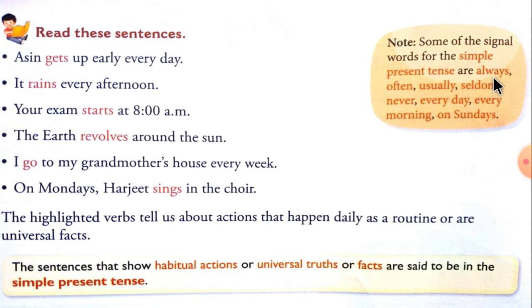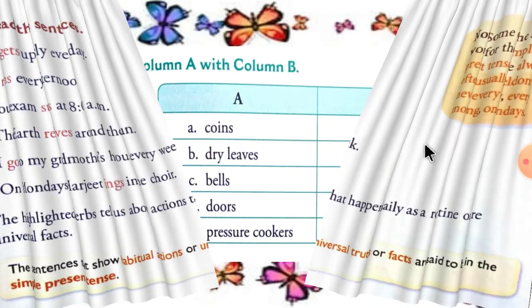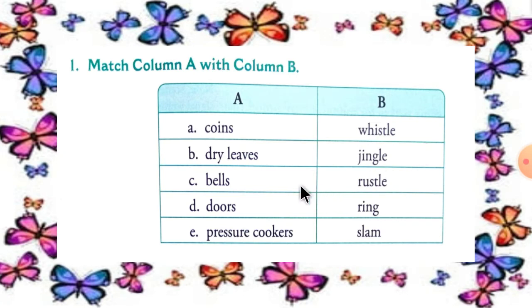They are always, often, usually, seldom, never, every day, every morning, on Sundays. So let's see, match column A with column B.